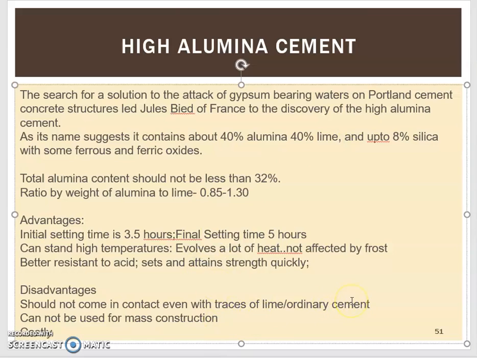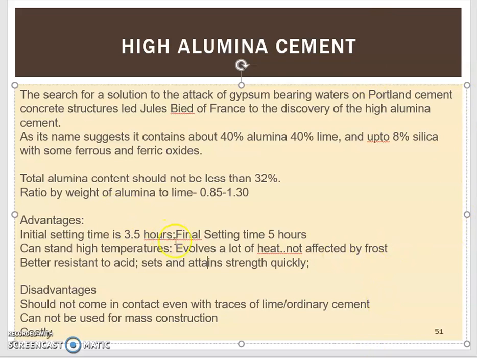It has better resistance to acids. It sets very quickly, and attains ultimate strength also very quickly. Its setting action mostly depends on chemical reactions. Hence, you need not grind it to a very fine powder.